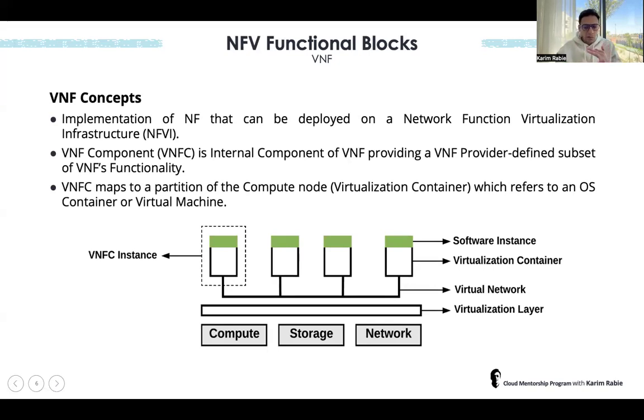The P gateway has user plane handling, so there should be a VNF component doing the user plane handling. It talks with the S gateway, the MME, the PCRF, the OCS, with some sort of control plane, so there's a component doing control plane. It has O&M capabilities, so it also has a VNF component doing O&M. So you end up with one VNF in telco that has multiple VNF components. Okay?